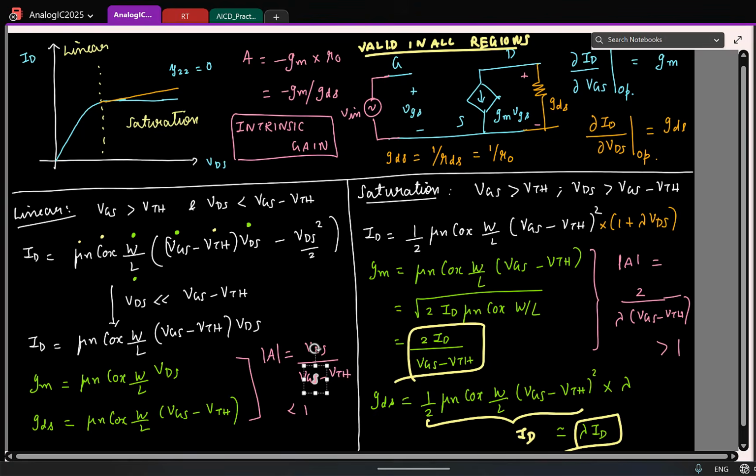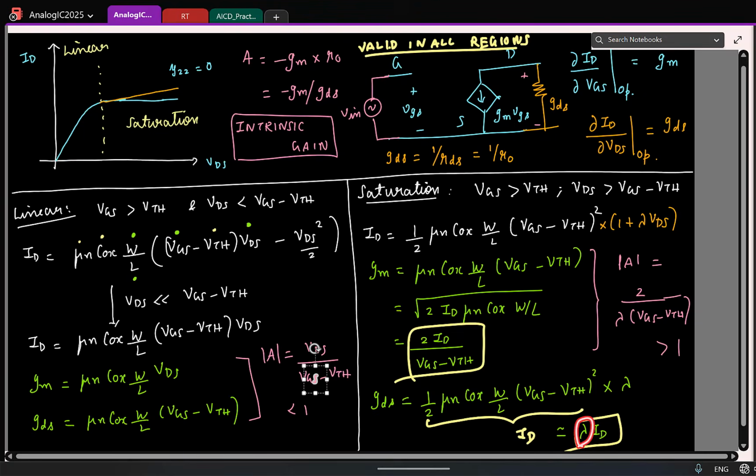So in saturation region of operation, we have calculated gain and concluded that it is greater than 1. Sir, how can we say that the difference of VGS minus VTH will be less than 2? The idea, you already know, right? It is not the GM. What is impacting the most? GDS.